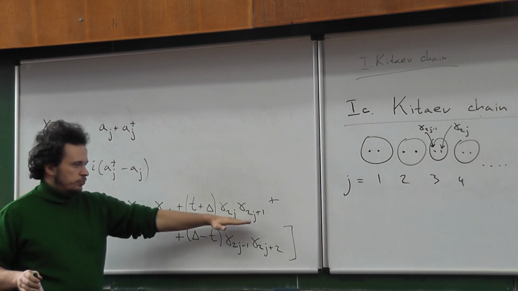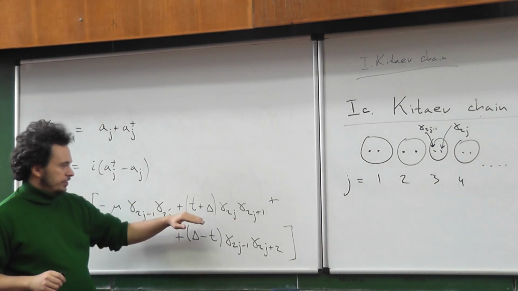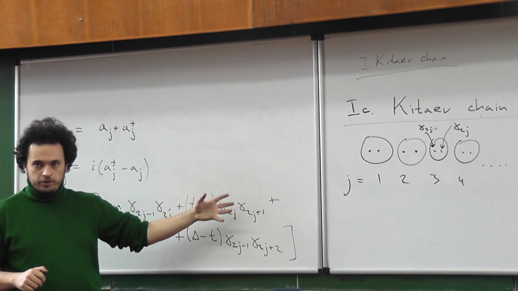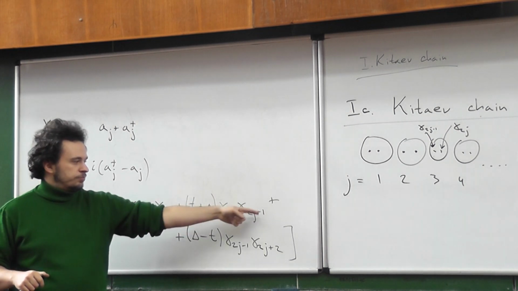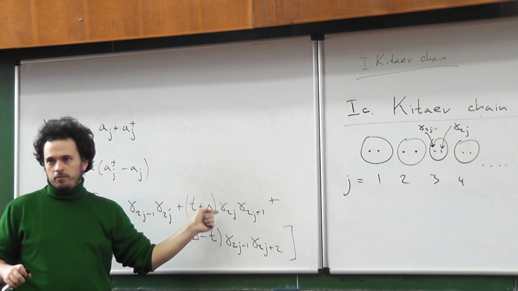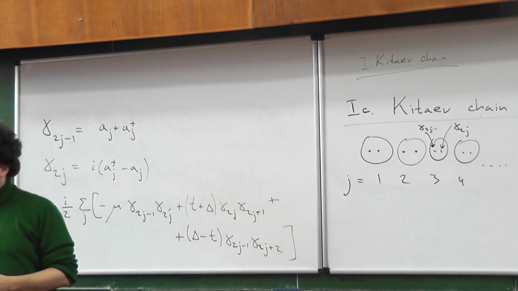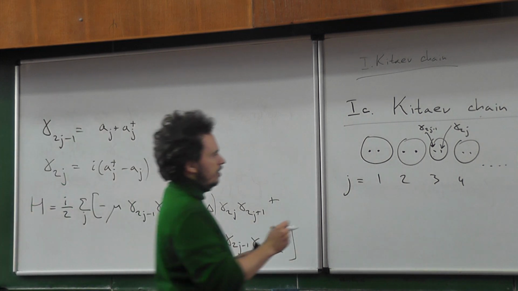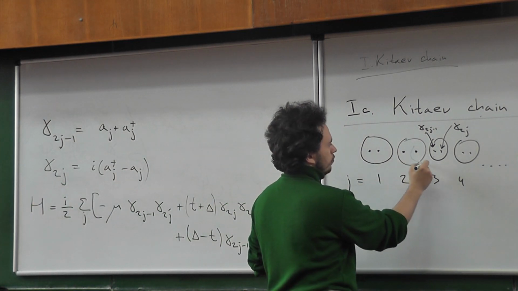What does this term want? We have here t plus delta and the gamma gamma operator. So this term wants a specific eigenvalue of this gamma gamma operator. What is this gamma gamma operator? This gamma gamma operator is this operator.